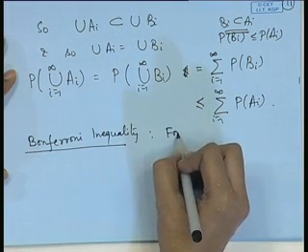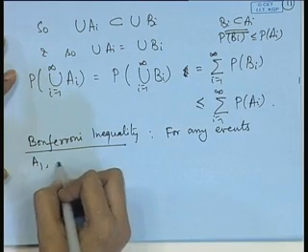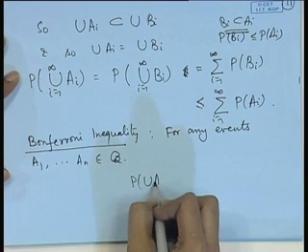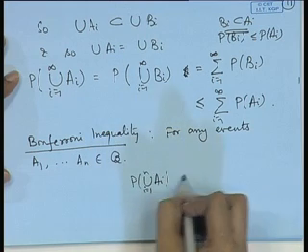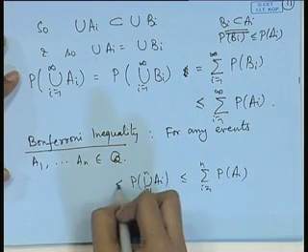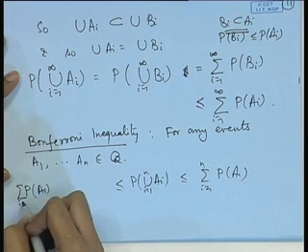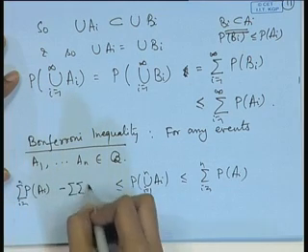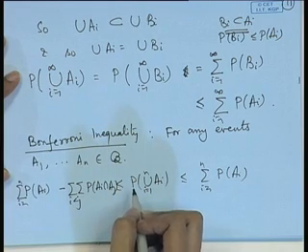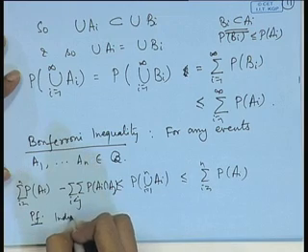So, for any events A1, A2, ..., An in B, probability of the union, which is already less than or equal to the sum of the probabilities, is however greater than or equal to the probability of the sum minus the pairwise terms. Let me not prove it here in full, the proof will be by induction.